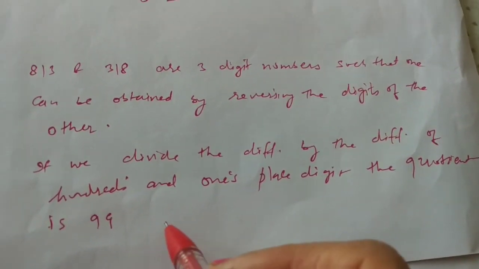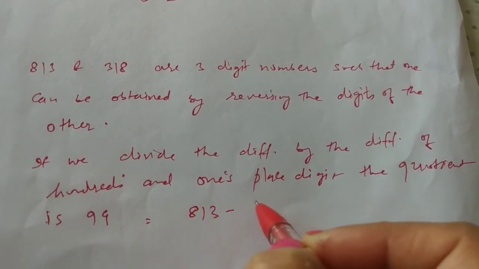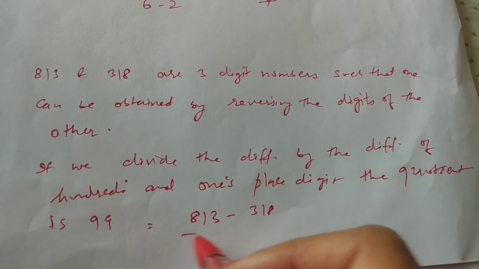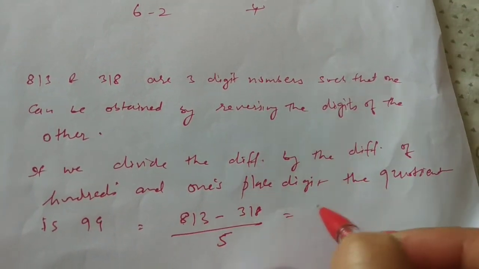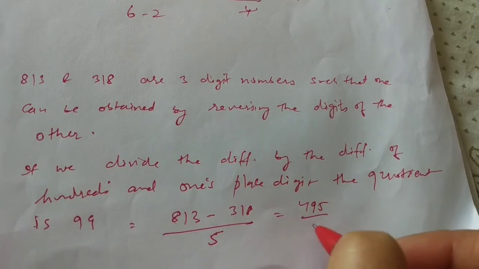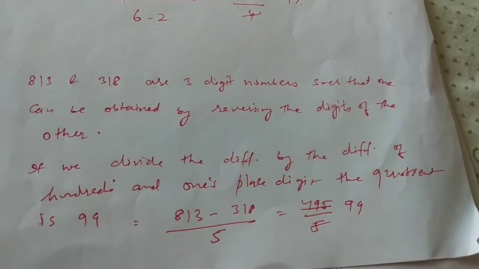So let's check how to solve. 813 minus 318 by 5. Why 5? 8 minus 3, 5. So 495 by 5 will come out as 99. Hope this is clear.